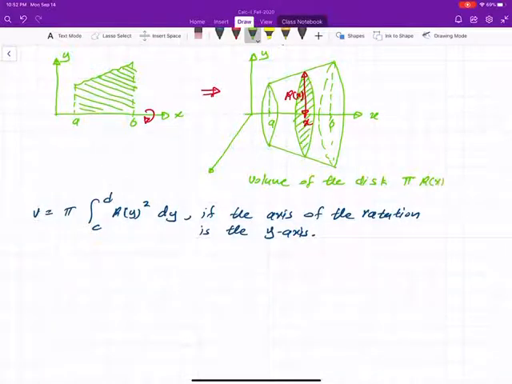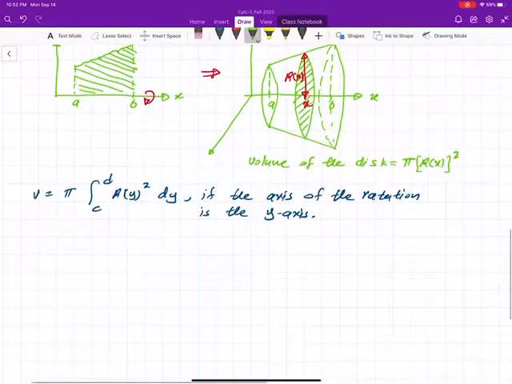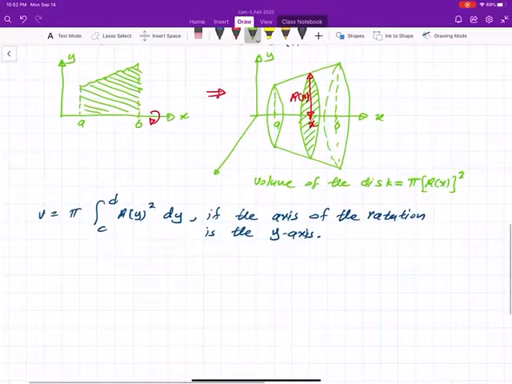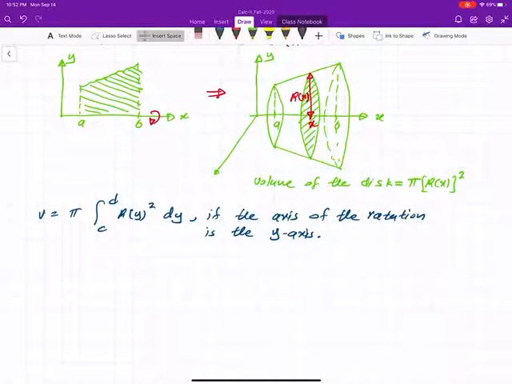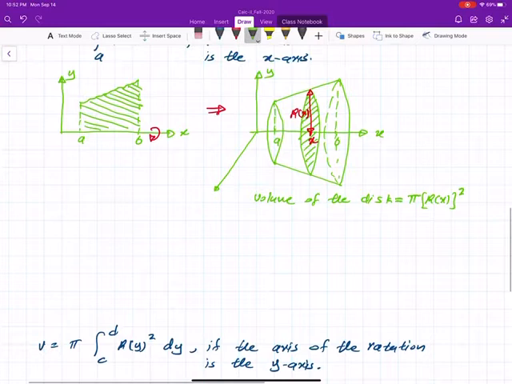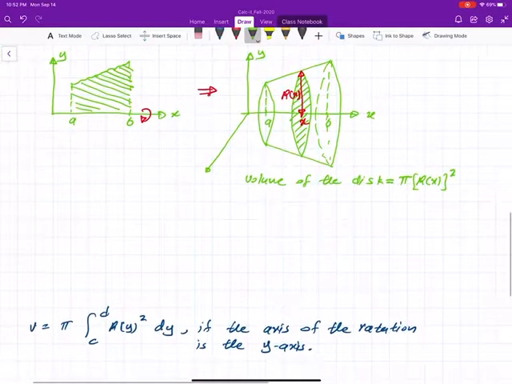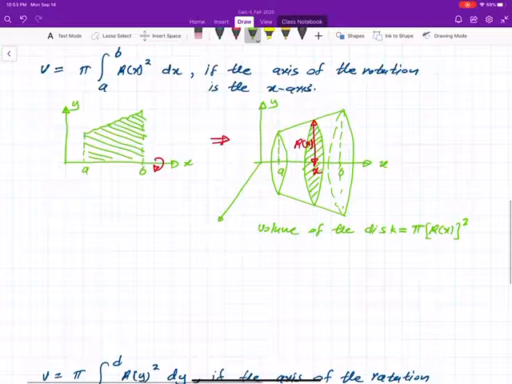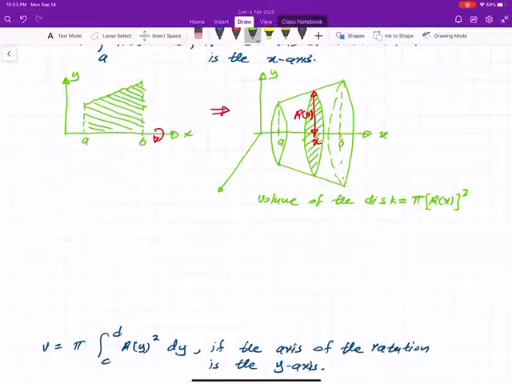The radius is r of x and the square of that. That is the volume of the disk. I'm sorry, not the volume of the disk, it's my bad, it is the area of the disk. Disks do not have volumes, disks only have areas. The area of the disk is that.